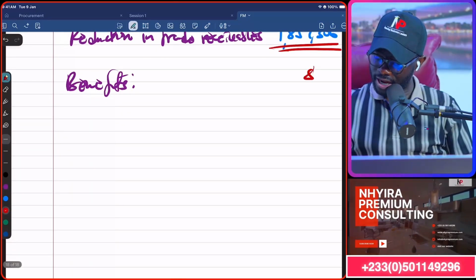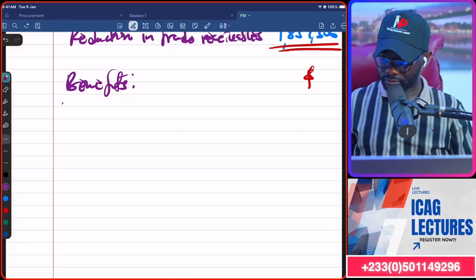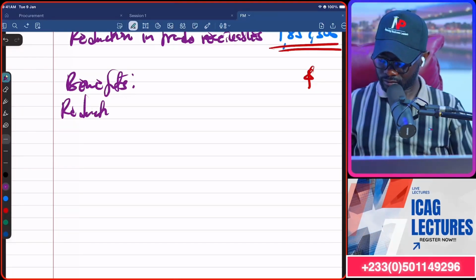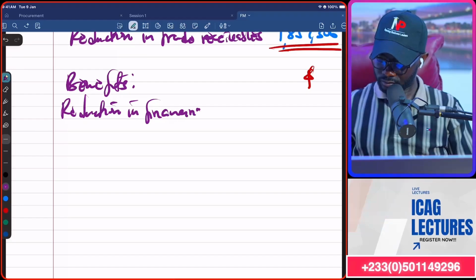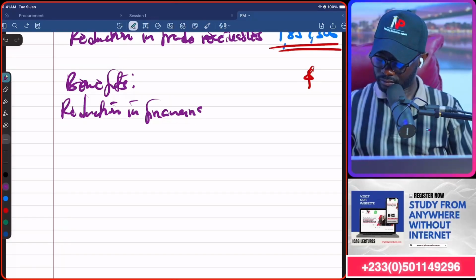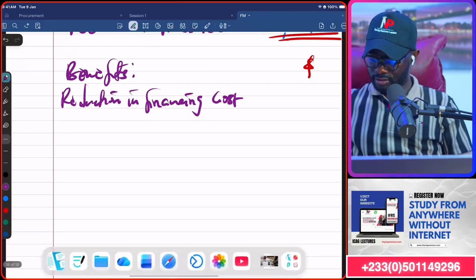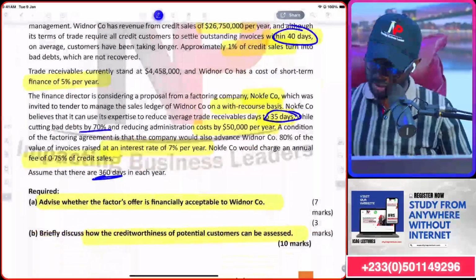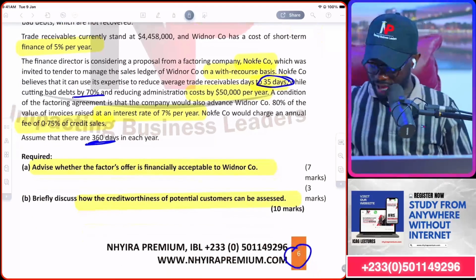The first benefit will be a reduction in our financing cost. So you don't have to go borrow this money from the bank at, what's the rate? 5% per annum.